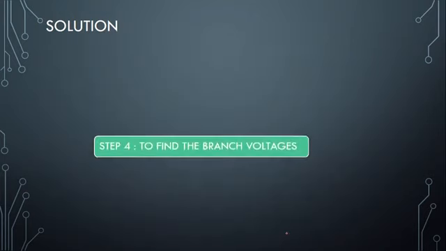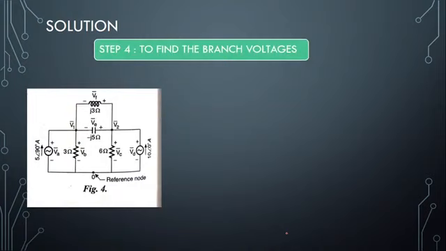Now how to find the voltage through all the branches? So this is our given circuit. And if you see in any circuit, each and every branch of a circuit will have different voltage values. So for example, for this I mentioned it as VA. For this branch it is VB. This branch it is VC.